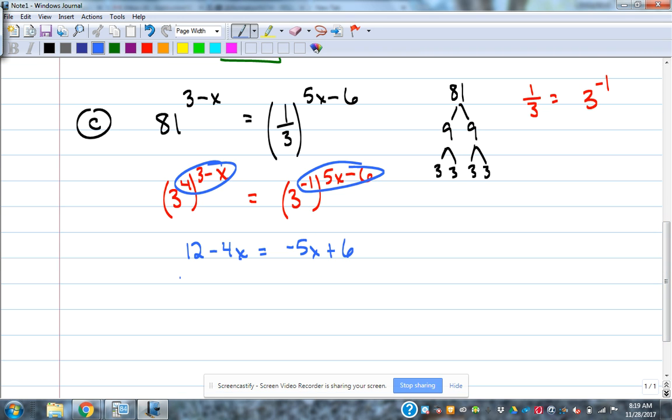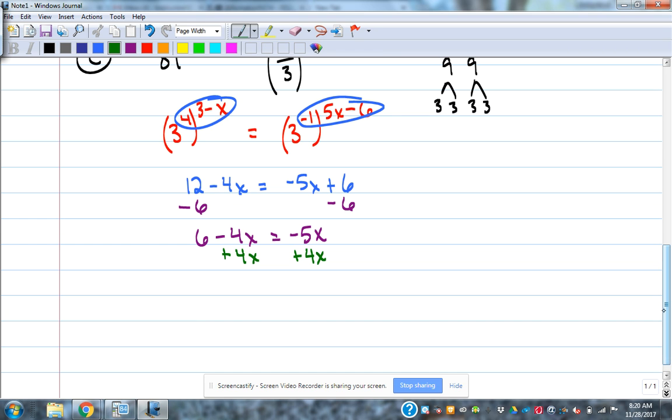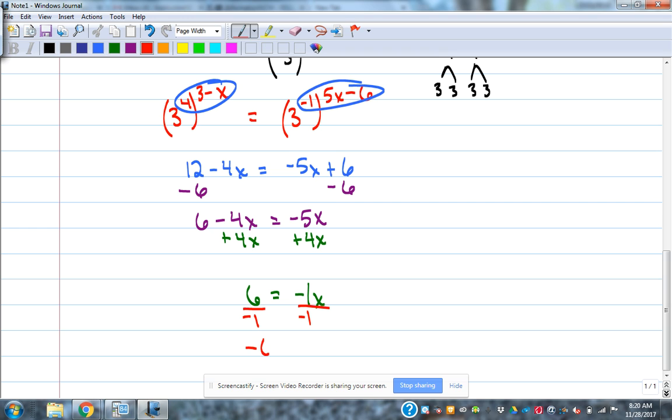And then just solve whatever way you want to there. I'm going to subtract 6. Hopefully with equations like this, y'all are to the point in your mathematical careers where you should be able to do more than one step at once. If you can't, that's okay. You can still do it one step at a time like I'm doing here. X would be -6.